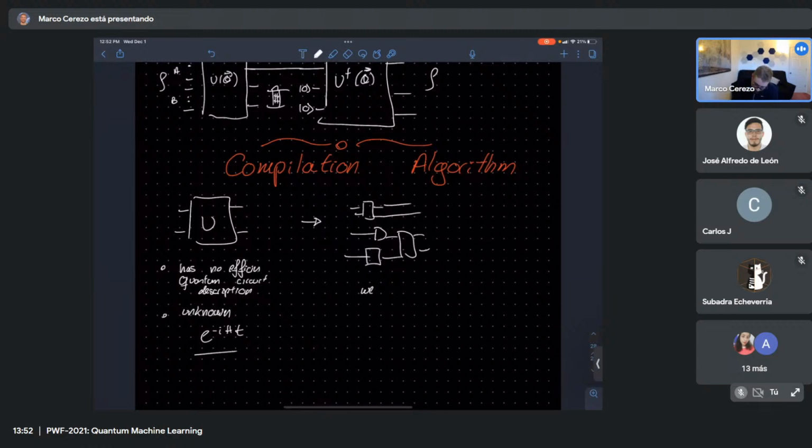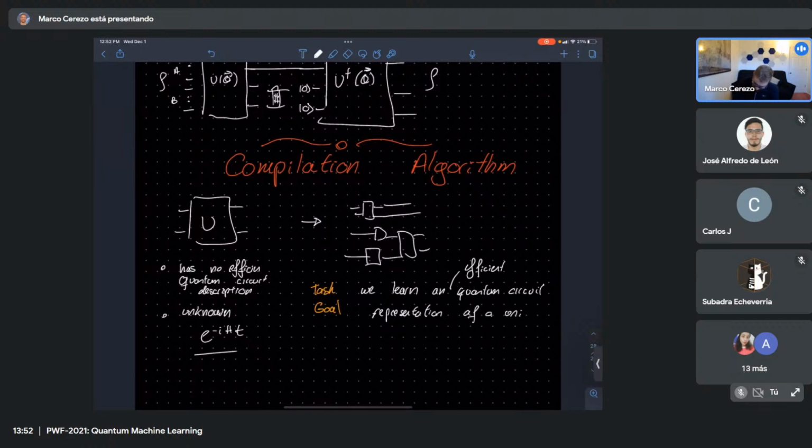So we want to learn, and again, everything starts with the task or goal, we want to learn a quantum circuit, an efficient, let's add here, maybe short depth quantum circuit representation of a unitary.